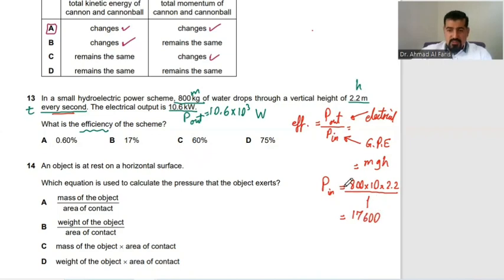The output is 10,600. So the efficiency is equal to power output, which is the electricity, 10.6 kilowatt, divided by 17.6 kilowatt. And by using the calculator, the answer will be approximately 60.23. So the answer is 60%, multiplied by 100%, of course. Good.